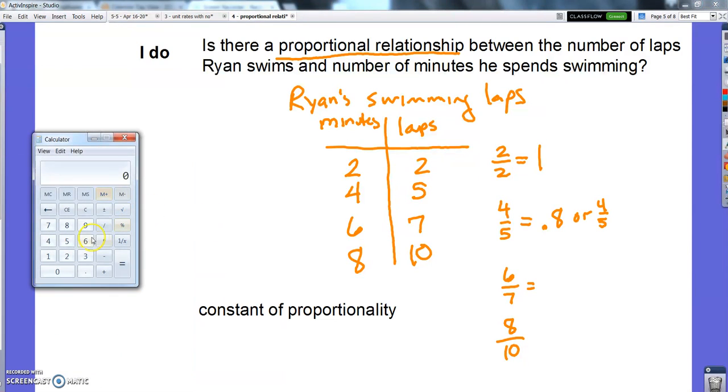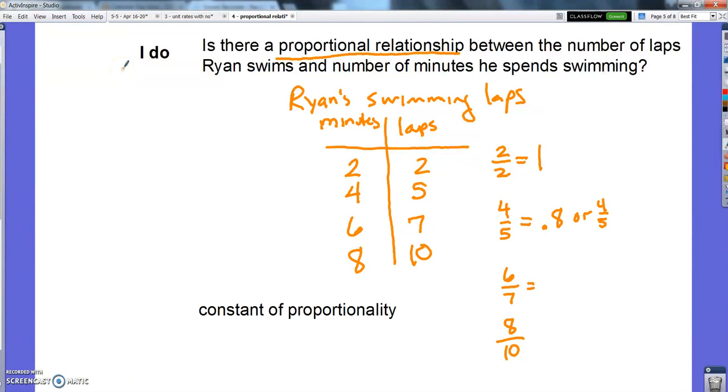So you do a 6/7, which is about 0.85. It's a long repeating decimal, 857142 repeating, or 6/7. And then this is equivalent to that one, so that's 8/10 or 4/5.